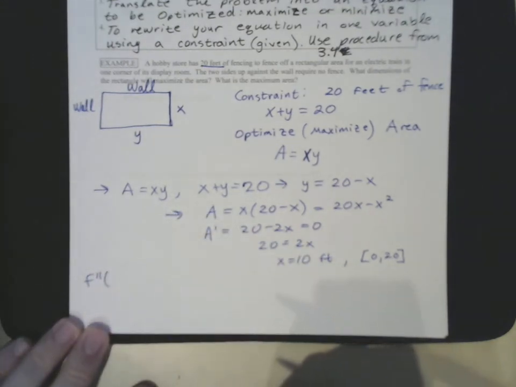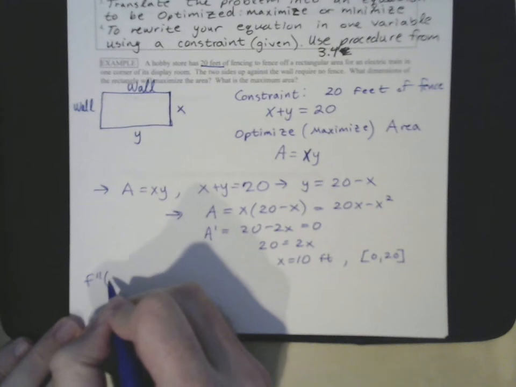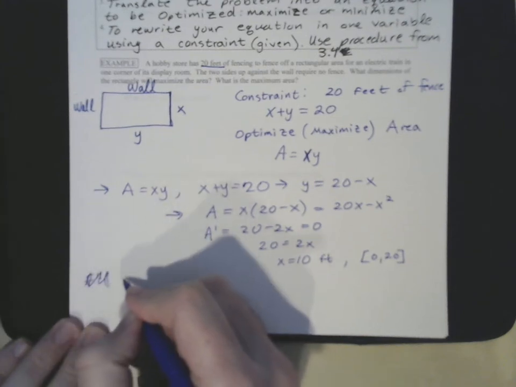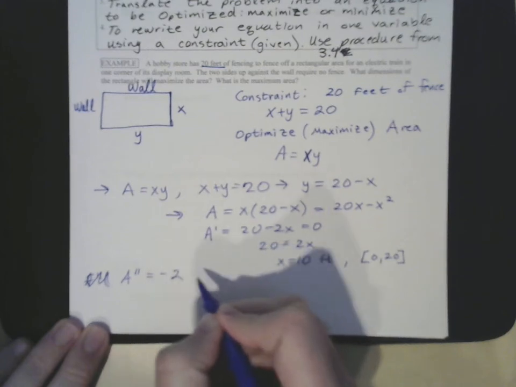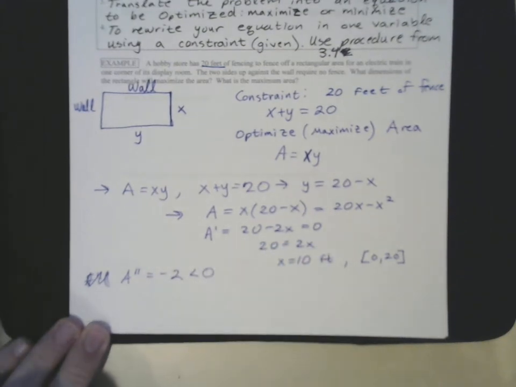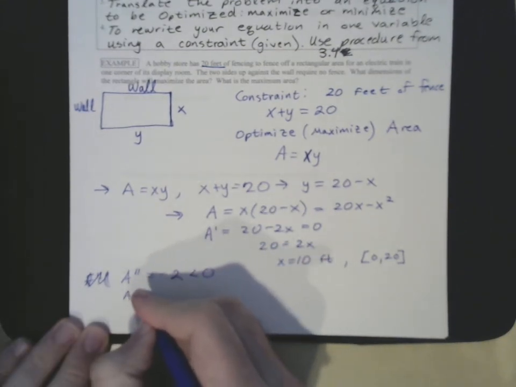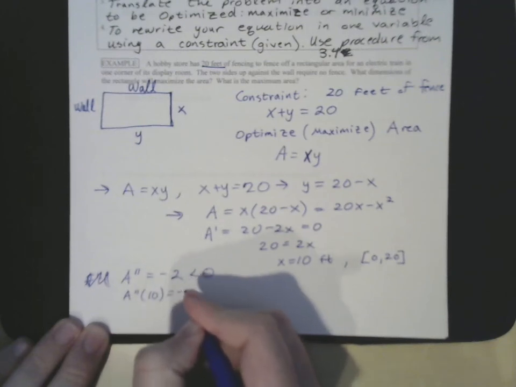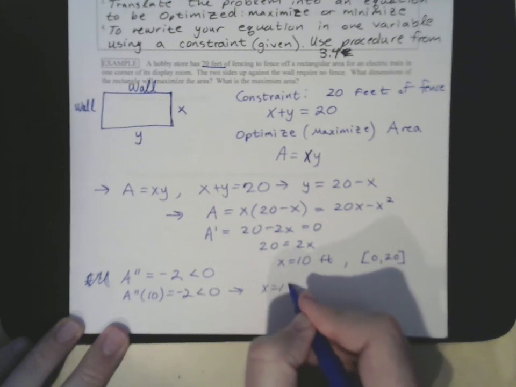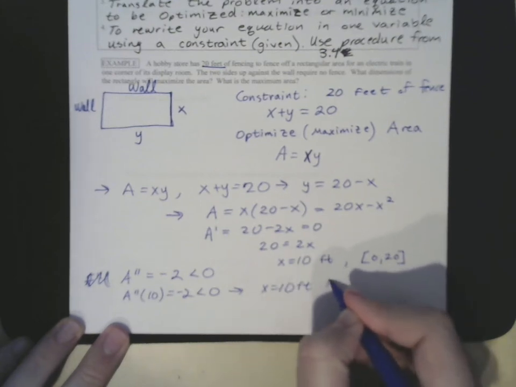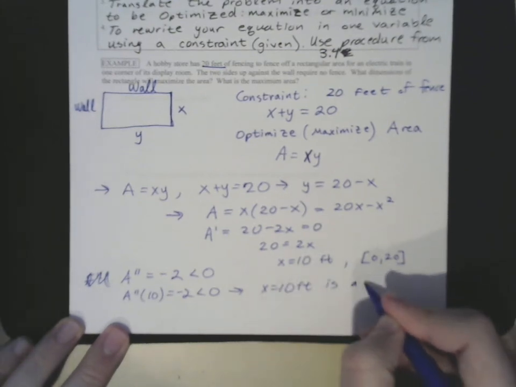We're going to want to use principle 2 from the last section. So A double prime is going to be -2. That's always less than 0. So A double prime of 10 is still -2, still less than 0. That means that x equals 10 feet is a max.